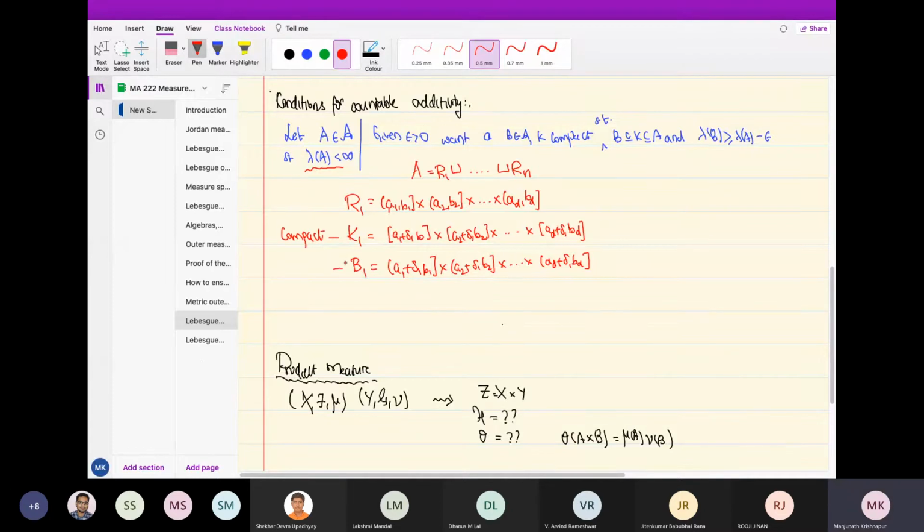This is in the algebra. It's a rectangle, and lambda of B1 is (B1 minus A1 minus delta) times (B2 minus A2 minus delta) and so on up to (BD minus AD minus delta). Whereas lambda of R1 is (B1 minus A1) times (B2 minus A2) up to (BD minus AD).